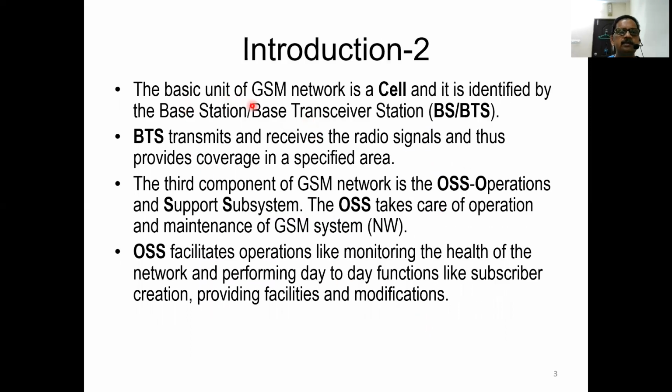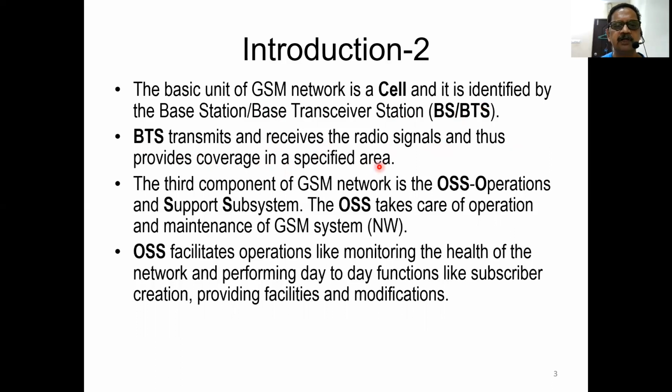The basic unit of the GSM network is a cell, and it is identified by the base station or base transceiver station. So the basic unit is the cell, which is identified by the BTS. BTS transmits and receives the radio signals and thus provides coverage in a specified area.